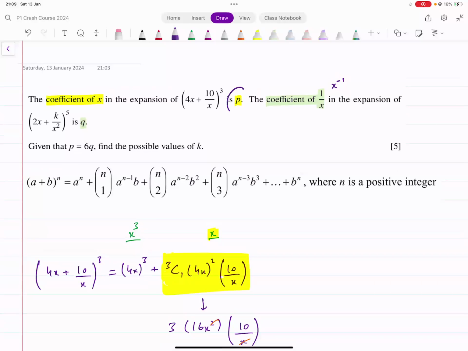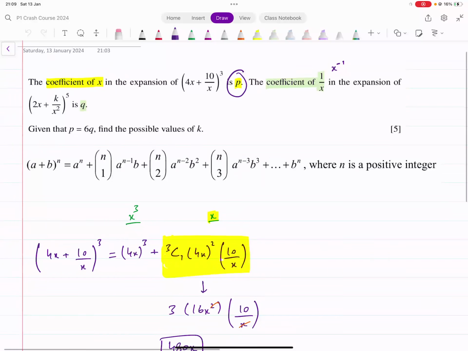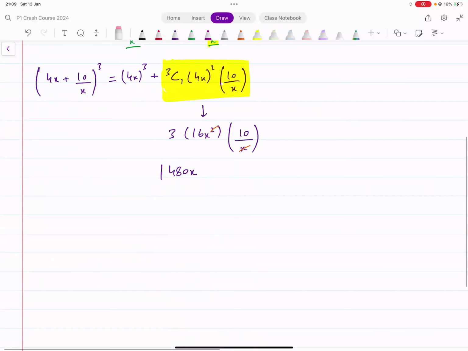It says the coefficient of x in this expansion is p. So what we get from this is that the value of p should be equal to 480. Does that make sense to everyone up to this point? Yes. Right? Okay. P equals 480.